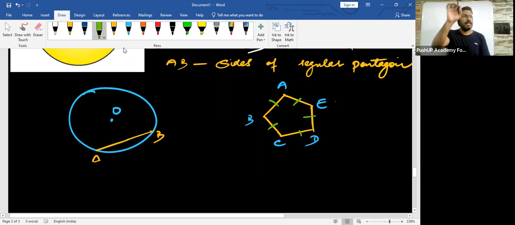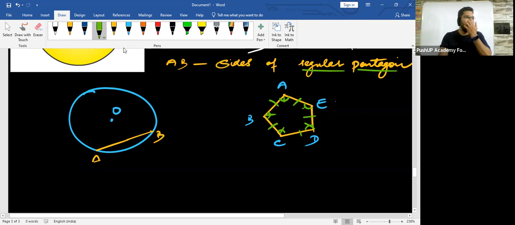If all the 5 sides of the pentagon are equal, indirectly you can assume that all the 5 angles of this pentagon are also equal. Now, let me come to the main point. Children, what is a regular pentagon? A regular pentagon is a pentagon whose all the 5 sides and all the 5 angles are equal.